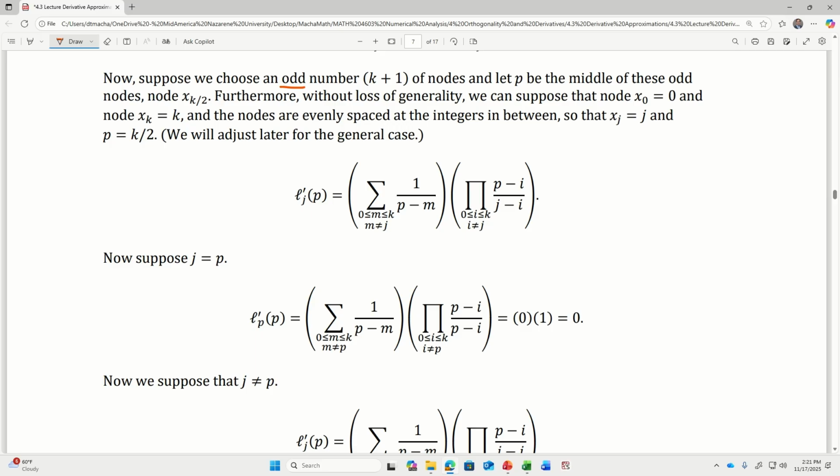For every positive value, there's a corresponding negative value with the same but opposite value, so they're all going to cancel each other out. In the case where j is equal to p, the terms of this sum all cancel each other. Those terms cancel in pairs.